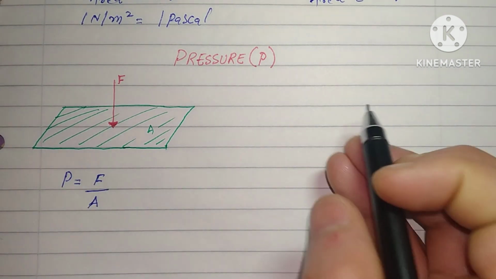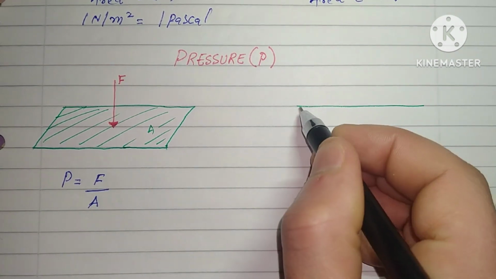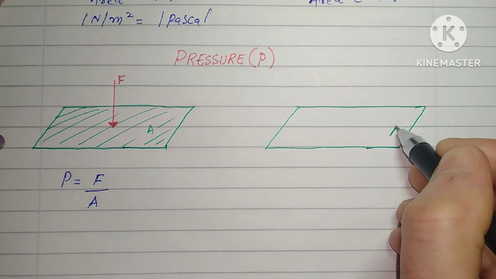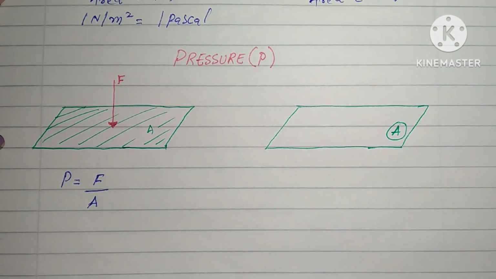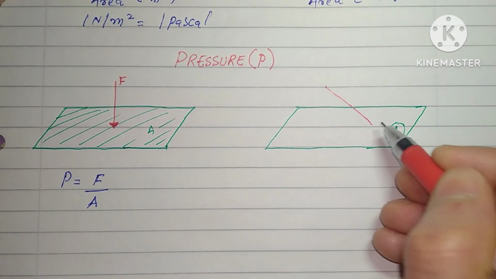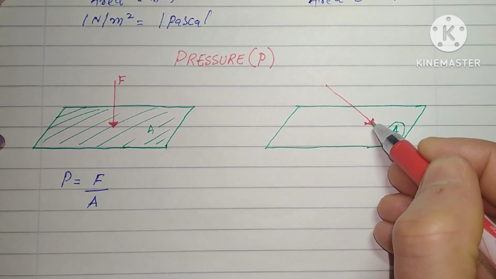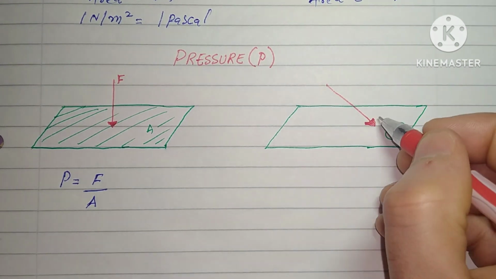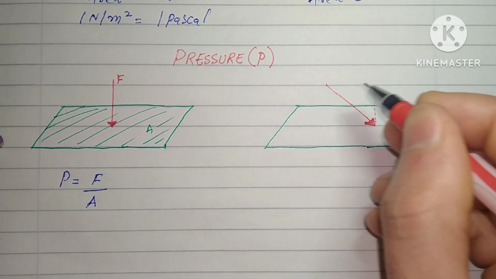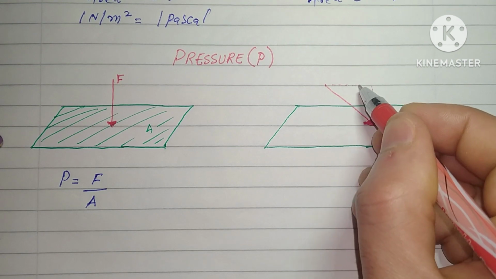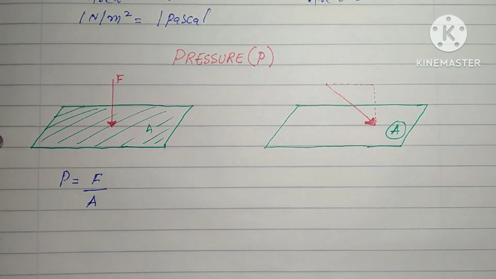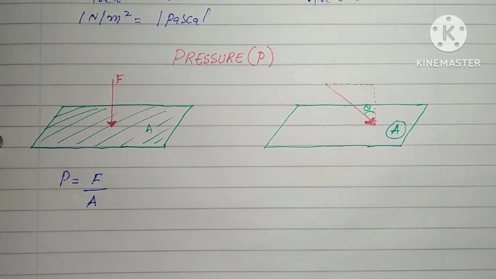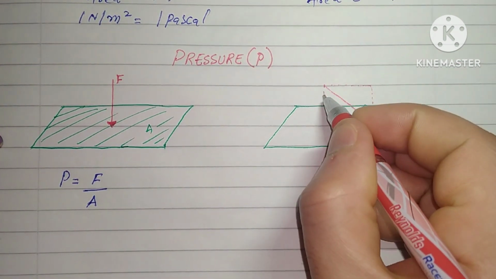Now suppose this is the same surface of area A, and this is the force. Here the force is not normal, it is an inclined force. It will have two components, if this is theta, this will also be theta.